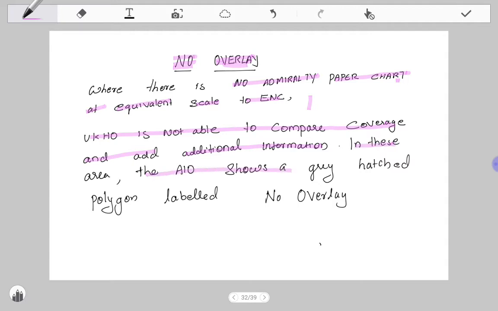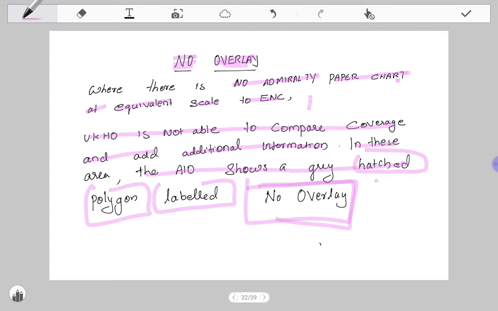So the AIO shows a grey hatched polygon labeled no overlay.